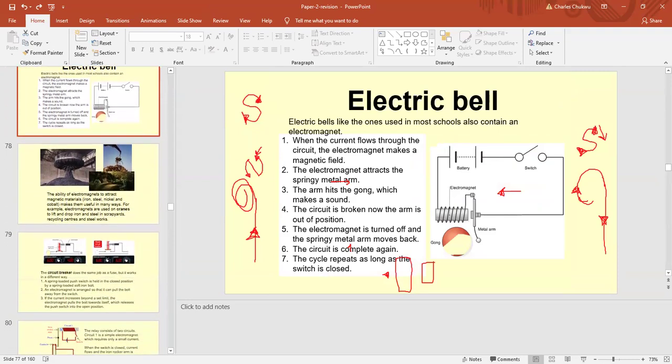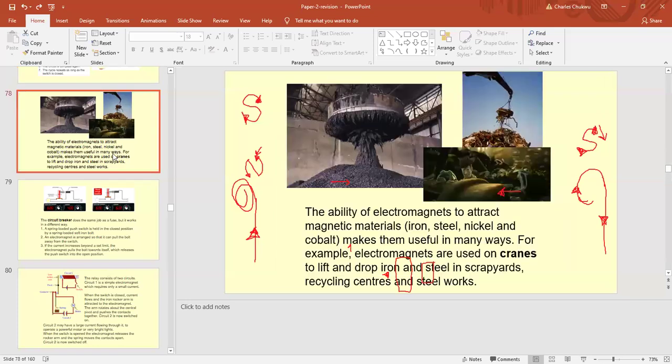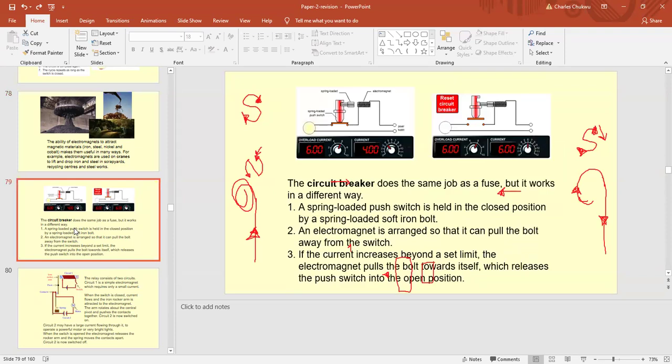Okay. I think these are practicals and applications of magnets in industries. So you can see where they are using magnets to collect heavy things, scrap yards and all that.